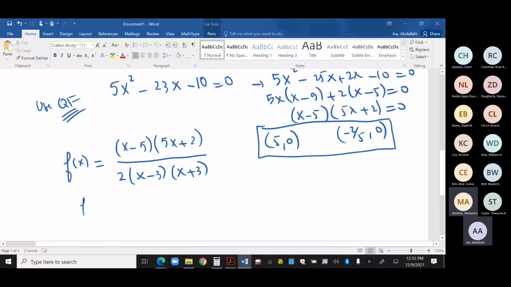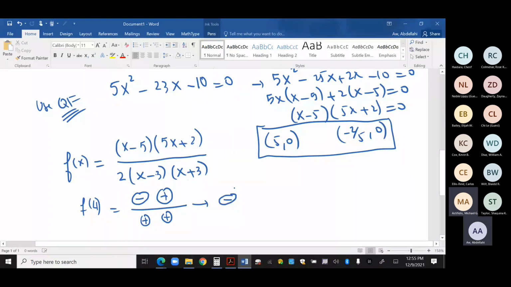What do you get? You get 4 minus 5, which is negative, times 4 plus 2, which is positive, over 2 times 4 minus 3, which is positive, times 4 plus 3, which is positive. The end result is negative.